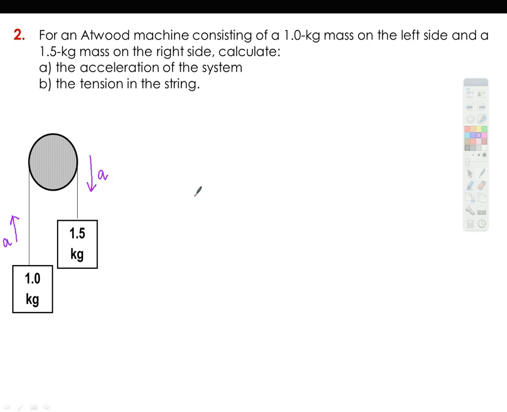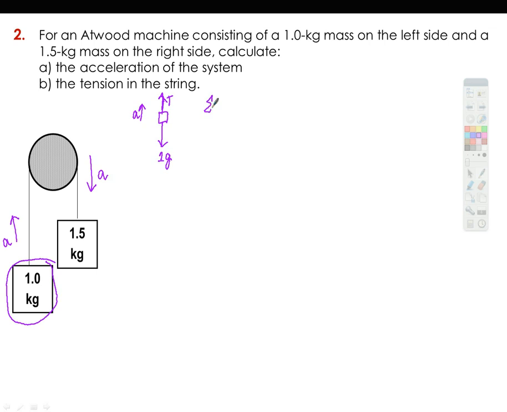Okay, so like the same thing. Draw the free body diagram for each of your masses. So let's put the 1 kilogram mass. We know that the weight is mg, so I'll just put it as 1g, 1 times acceleration due to gravity, and then there's a tension going up, and I know that the acceleration is going upward, so my acceleration will be positive.